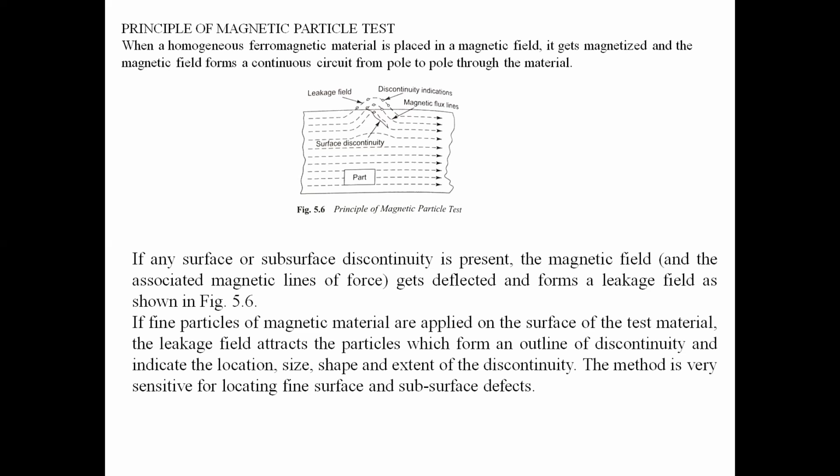Can you test plastic by using magnetic particle test? No, because it is a non-magnetic material. Can you test wood? Wood is also non-magnetic, so we can't test it. Only magnetic materials can be tested by using magnetic particle test.